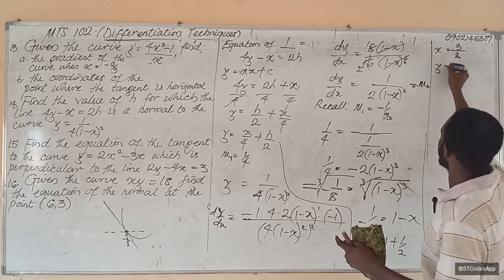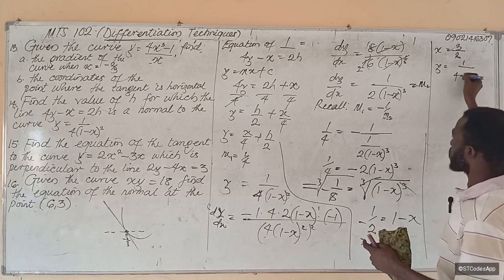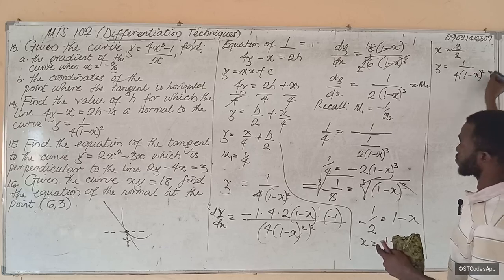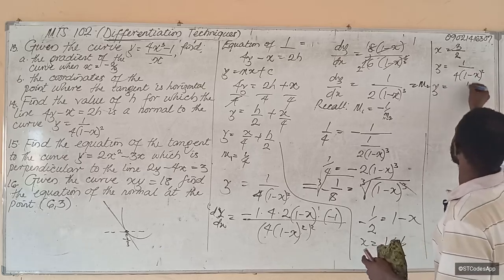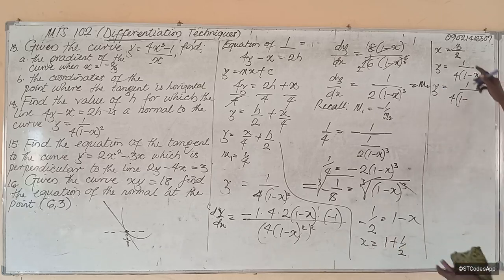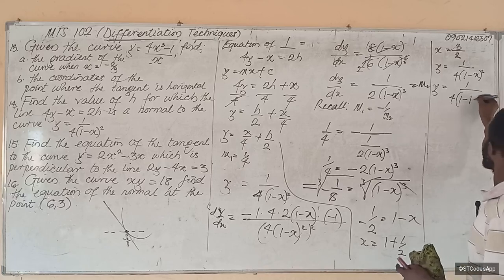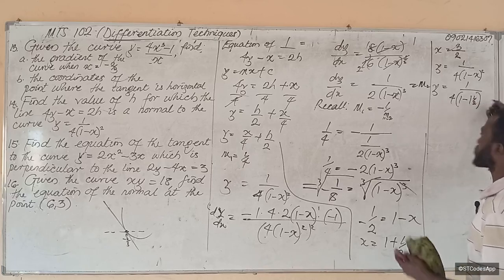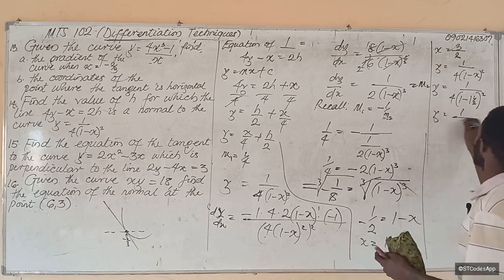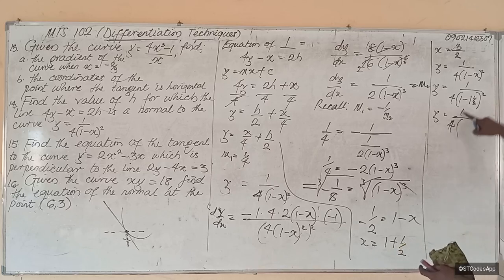I recall that our function is 1 over 4 into bracket 1 minus x all squared. So y will now be equal to 1 over 4 into bracket 1 minus, what is our x? 3 over 2. So 1 minus 3 over 2 will give you minus 1 over 2 all squared.